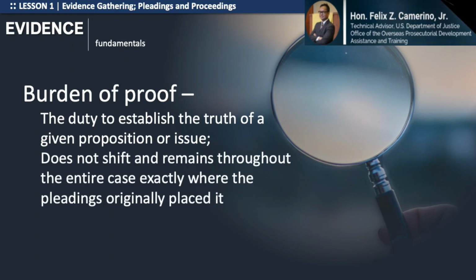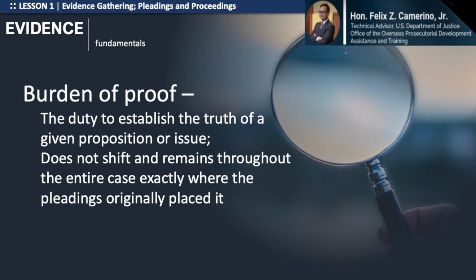Since this is either a criminal or administrative case, the government will generally be burdened with proving the case. So throughout the entire case, the burden would be on the government, on establishing the truth of the given proposition.